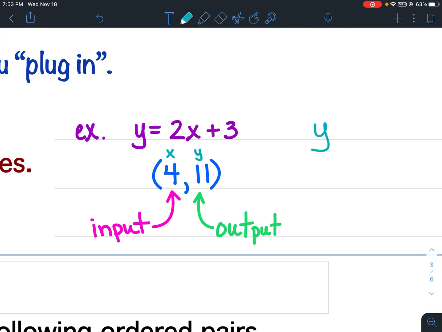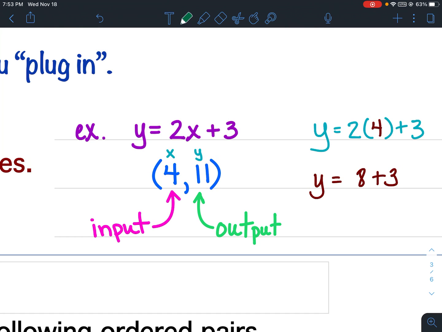So I'm going to plug the 4 in for the x. So y equals 2, parentheses, plus 3. And inside that set of parentheses, I'm going to put the input value of 4. All right. 2 times 4 is 8, so that would be y equals 8 plus 3.